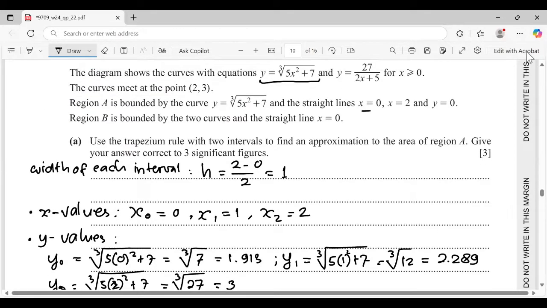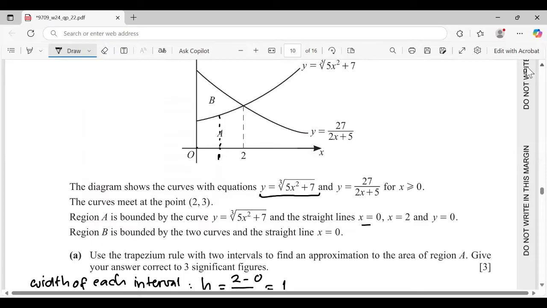So y equals 1.913. This is y0, and after that this is y1, and this is y2. So y0, y1, y2.